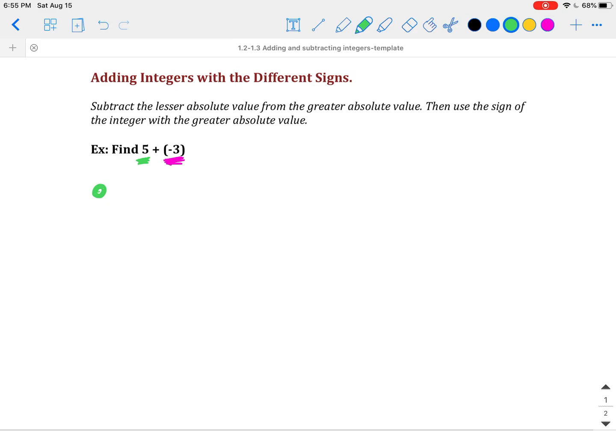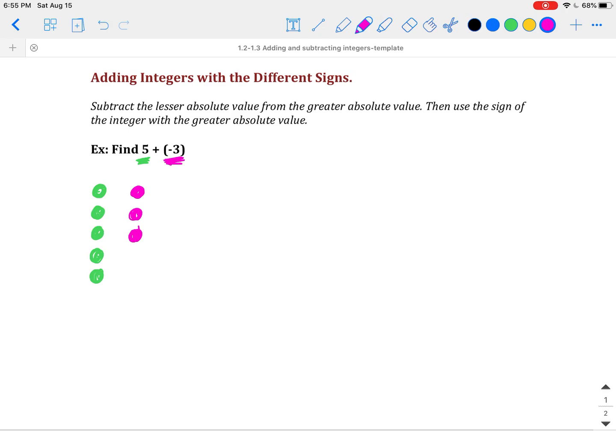So I'm going to draw 5 integer counters that are green. 1, 2, 3, 4, and 5. And then I'm going to draw 3 of those that are pink. 1, 2, 3.